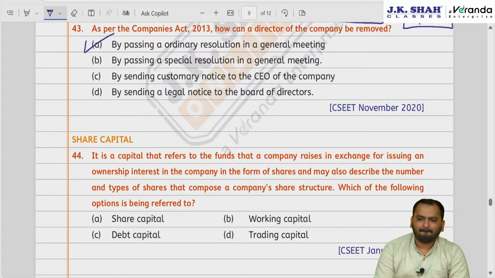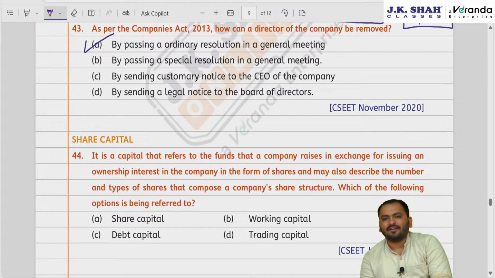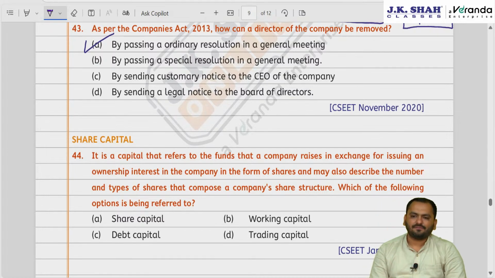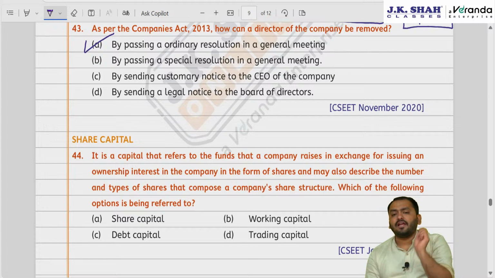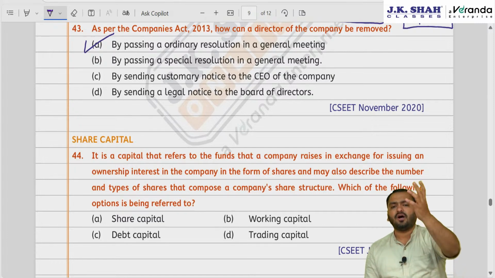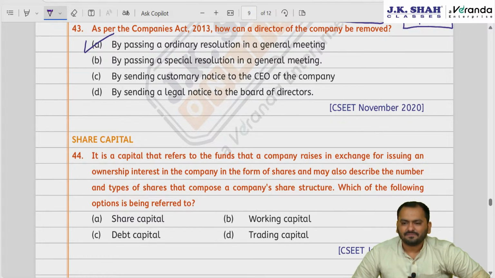Company is required to pass what? If company wants to remove an independent director, then company is required to pass ordinary resolution only.